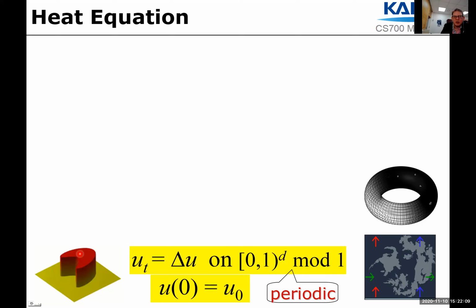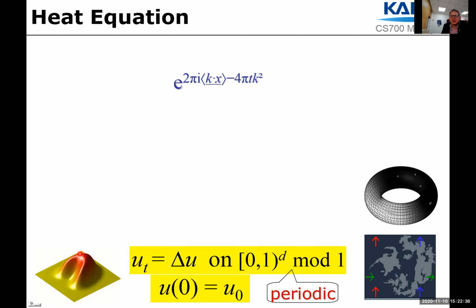Okay, so this is the heat equation, and here's a fundamental solution of the heat equation. We had talked about the fundamental solution of Poisson's equation, which was the logarithm in dimension 2, or 1 divided by r in dimension 3, and 1 divided by r squared in dimension 4, and so on.